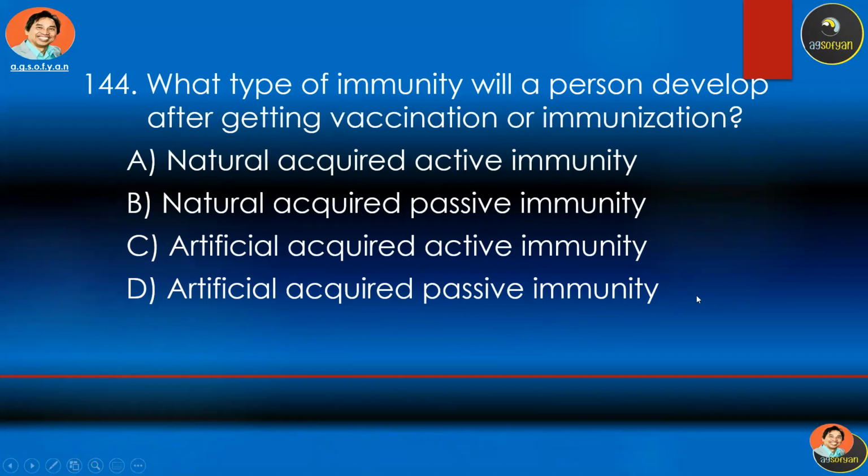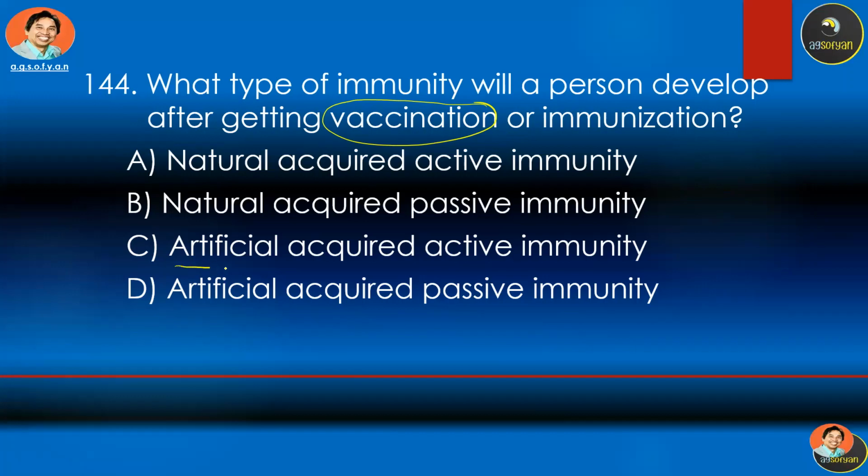What type of immunity will a person develop after getting vaccinations or immunization? Okay, so vaccination is artificially giving the disease. So this is artificial.